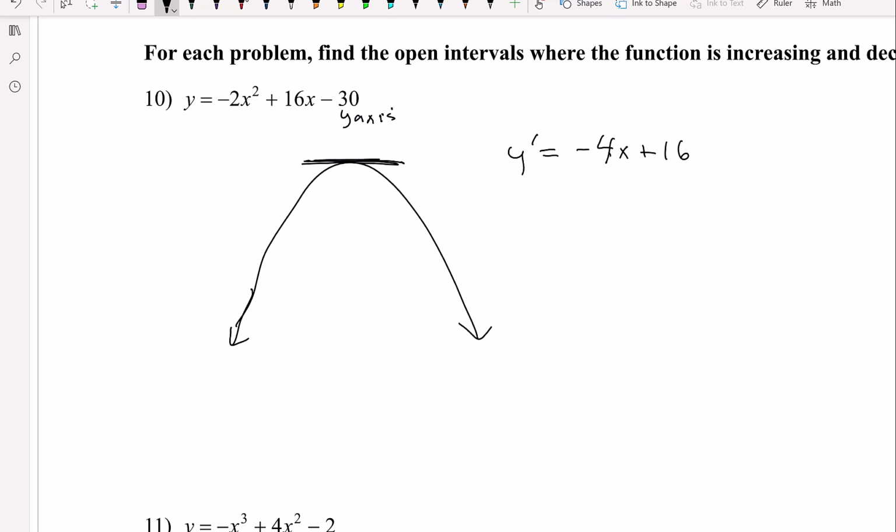Well, we know the tangent line is equal to 0, so we set this equal to 0. I'm going to factor out a negative 4, and that leaves x subtract 4, because negative 4 times negative 4 is positive 16. So we only have one place, where x is equal to 4, where the tangent line will equal 0.